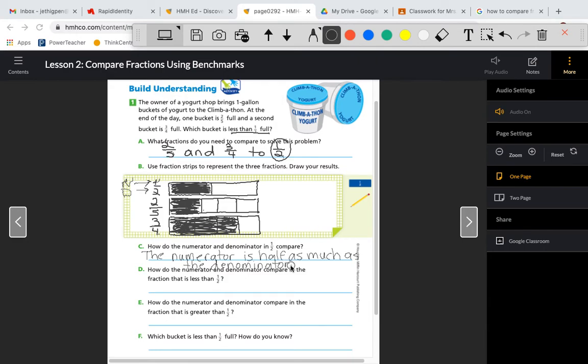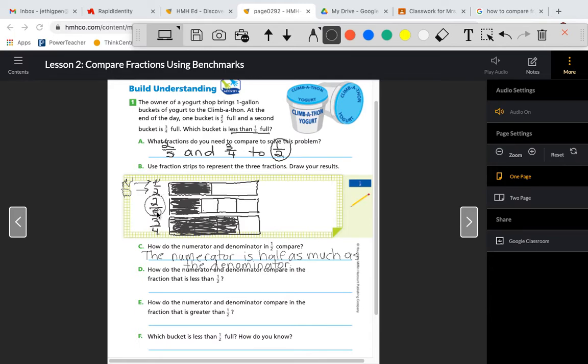All right, let's look at D. How do the numerator and denominator compare in the fraction that is less than 1/2? So we have our 2 fractions. We can see that 2/5 is less than 1/2. So how do the numerator and denominator compare in that fraction? Well, the numerator is less than half as much as the denominator.